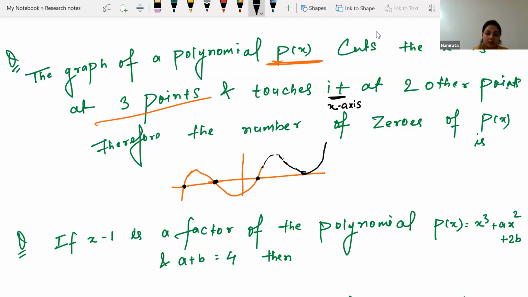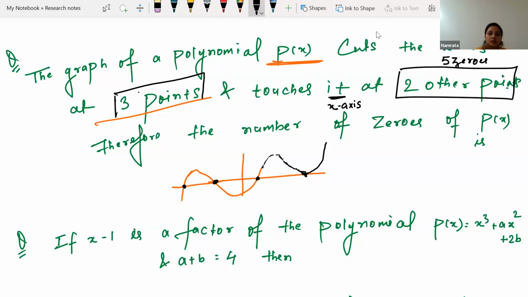Since it is a parabolic form, here we can say that two zeros will be there, both the same, right? Yes. Okay. So therefore, without even plotting the graph, we need to understand that 3 zeros and 2 other points means 2 zeros. So a total of 5 zeros will be there. Among those 5 zeros, a few are the same, a few are not, it doesn't matter. We just have to say how many zeros there will be. So a total of 5 zeros.